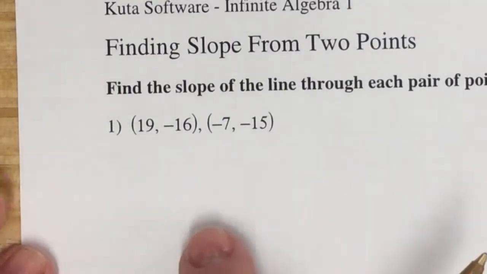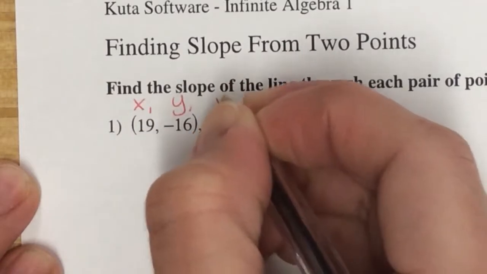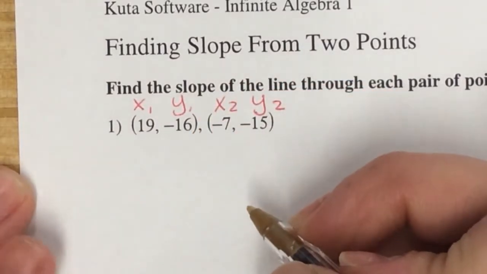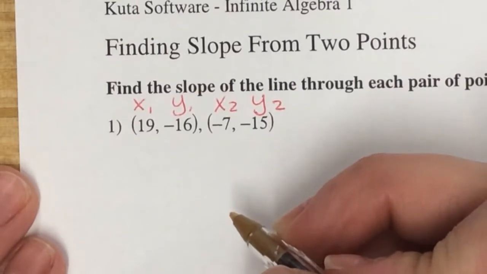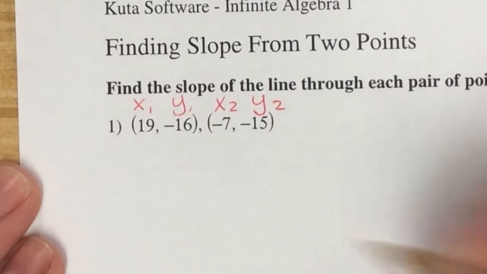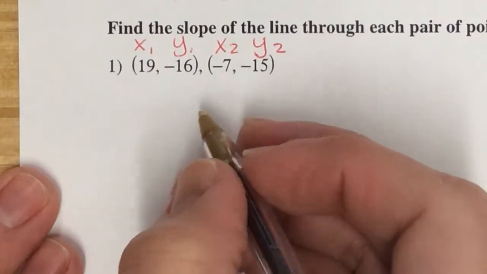Okay, here we go. Number 1. Let's label our points. x1, y1, x2, y2. And I need to see that you're labeling and writing down the formula for every single problem as part of work. I do not just want one single number as an answer. I need to see everything that I'm writing down for each problem. Go ahead and write down the formula.